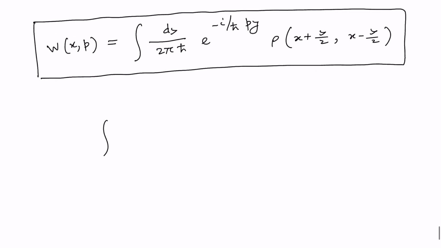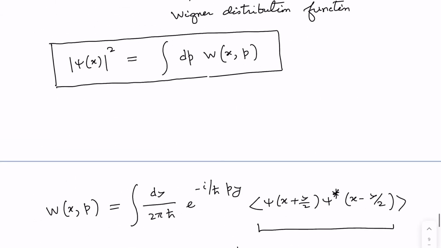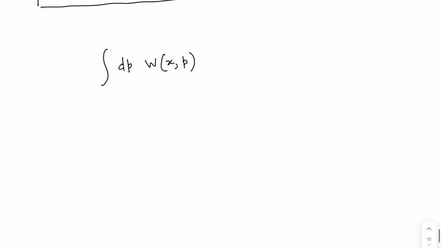As I said, it should be obtained by taking an integral of the Wigner distribution function with respect to momentum. Let me check it and let me see whether I actually get this mod psi of x square or not. So let us check that, and to do that let me go ahead like this.